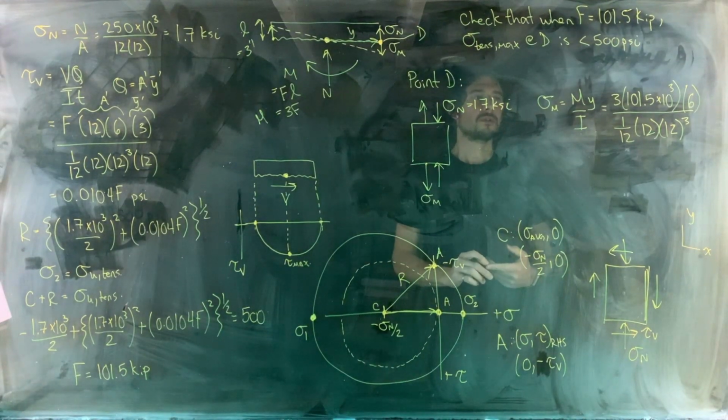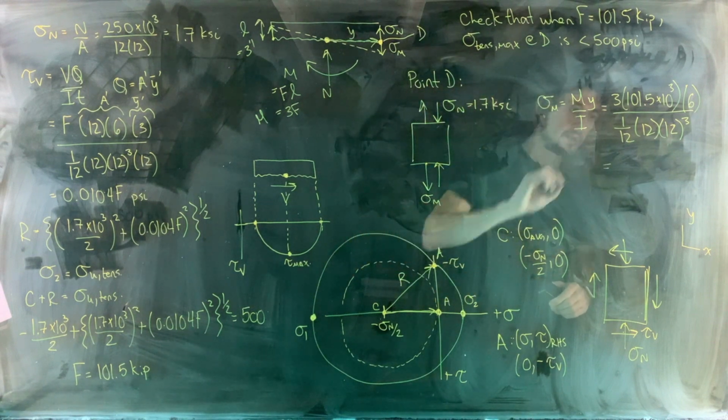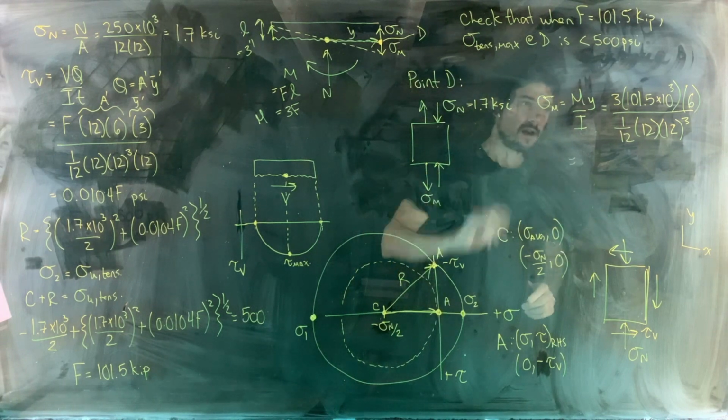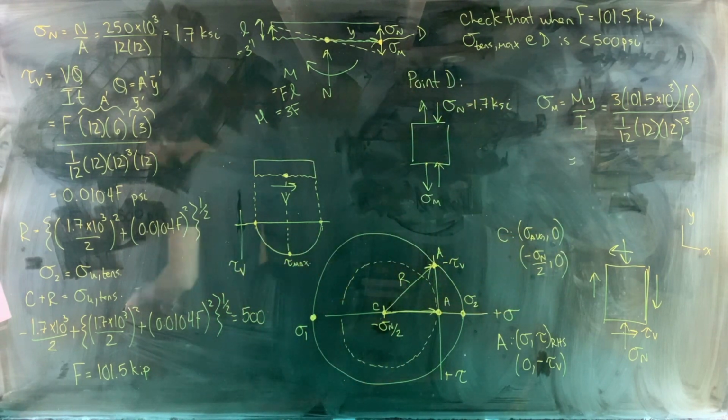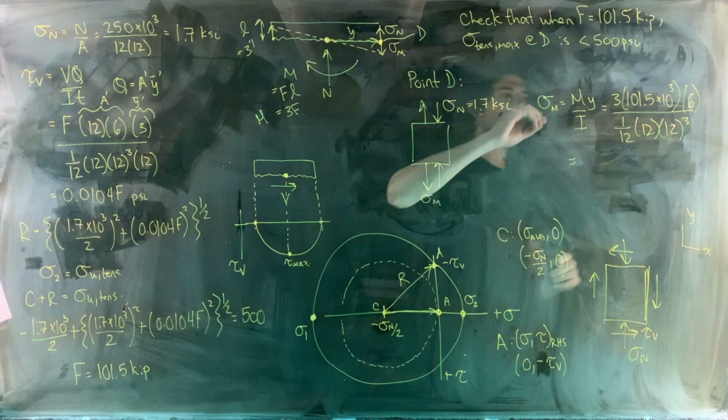Okay. All right. So let's run the calculation there and see what that gives us. What did I get when I did that? I got that the bending stress was 1.1 ksi.